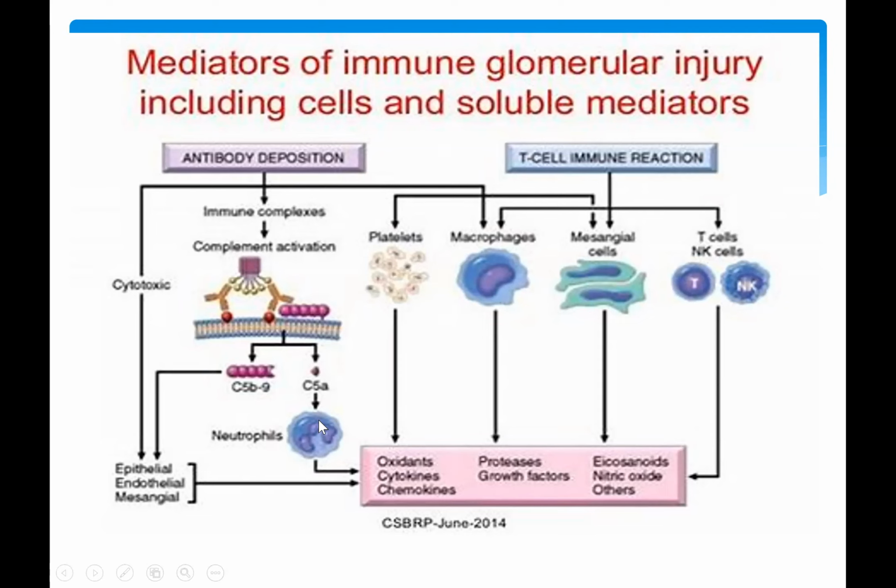Neutrophils can also release proteases, which can cause GBM degradation, oxygen-derived free radicals causing cell damage, and arachidonic acid metabolites, which contribute to reduction in your GFR.